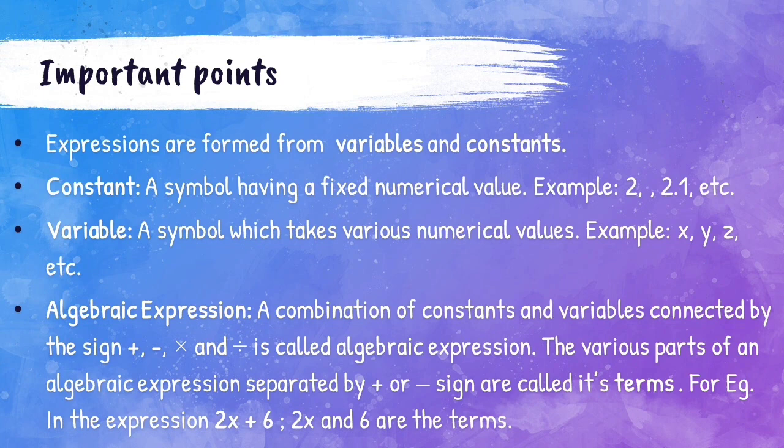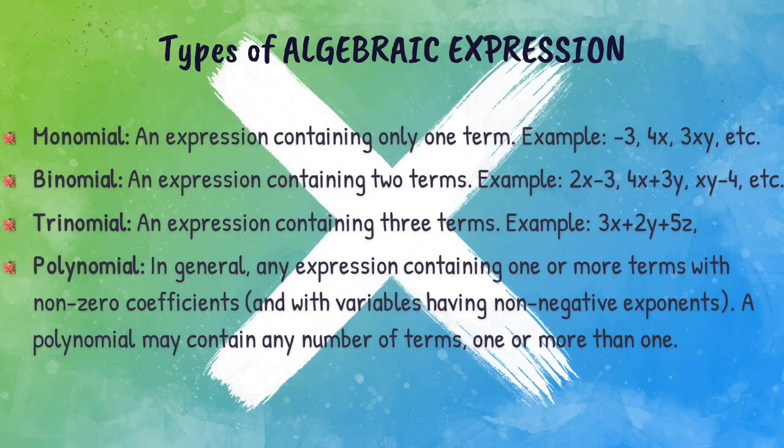Various parts of an algebraic expression separated by plus or minus signs are called its terms. For example, in the expression 2x plus 6, 2x and 6 are the terms, and these terms are separated by a positive sign.